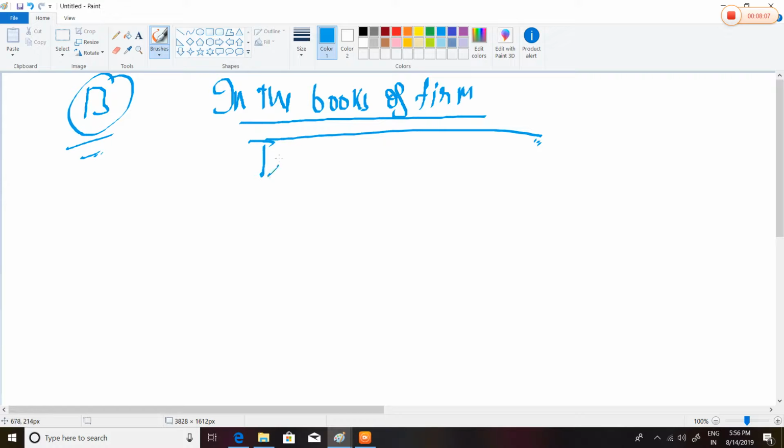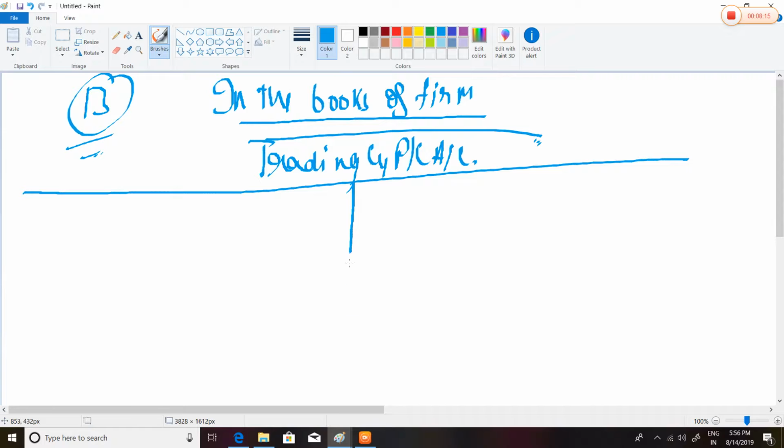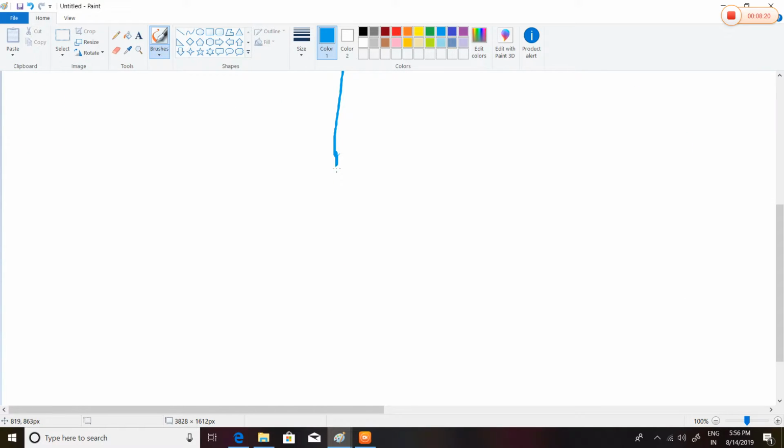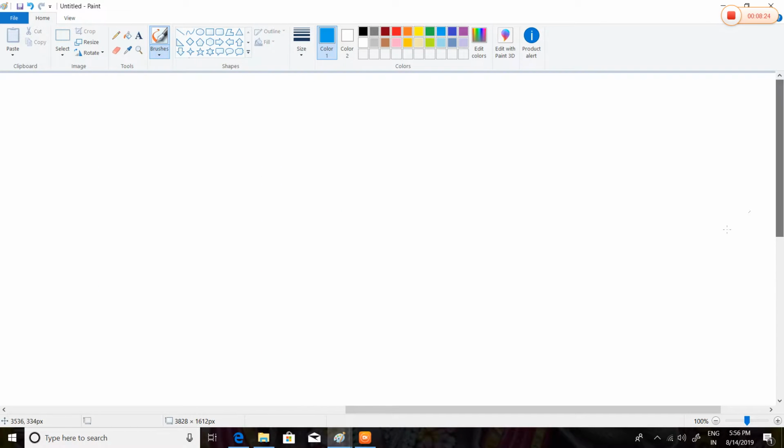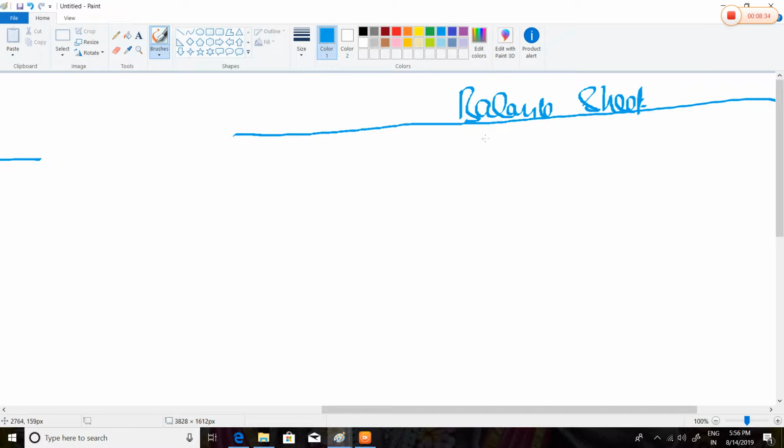Firstly, we have to prepare the trading and profit and loss account. And here, the balance sheet we have to prepare. Just a second.